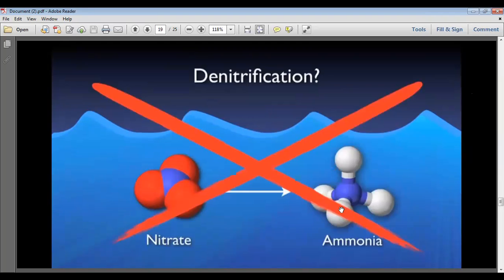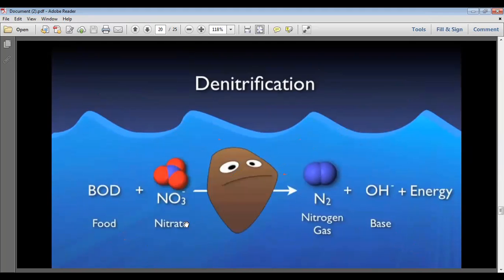Then what is denitrification? It is not ammonia reversing back to nitrate. Denitrification is where the nitrate, which was there in the last state, is consumed by bacteria and they convert it into nitrogen gas. So that is denitrification.